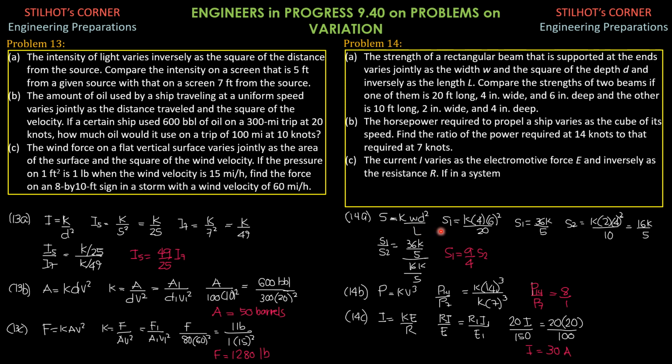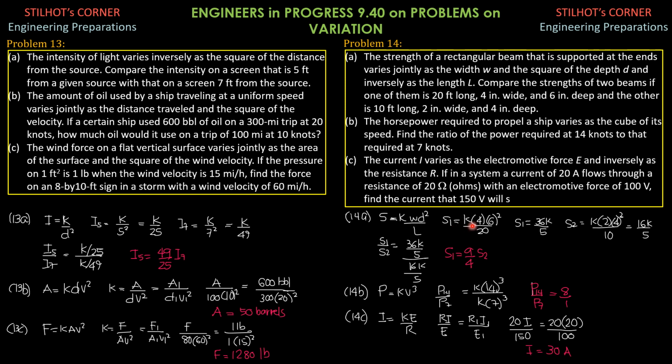So for the first beam, S sub 1, strength 1, is equal to the constant of proportionality K. It is 4 inches wide, so 4, then 6 inches deep, 6 squared, over 20.